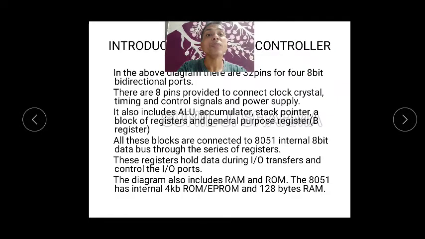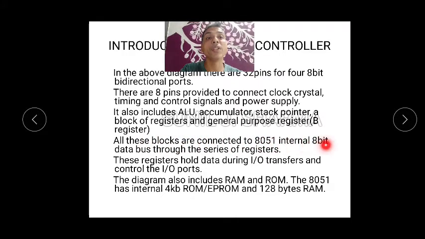It also includes the ALU, accumulator, stack pointer, registers, and general purpose register B. All these registers are connected to the 8051 internal 8-bit data bus through a series of registers. These registers hold data during input-output transfer and control the input-output ports.